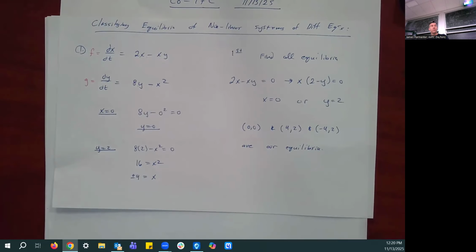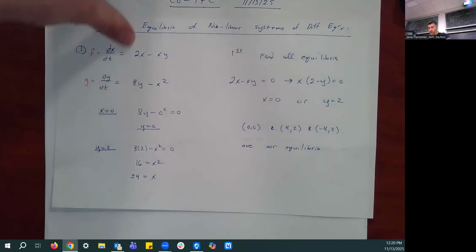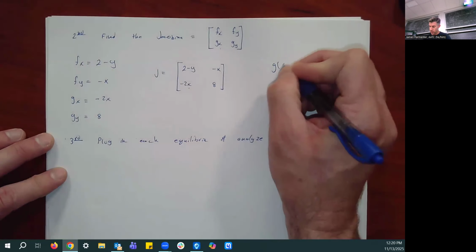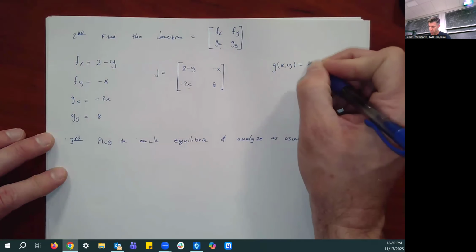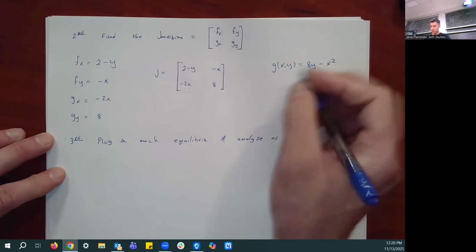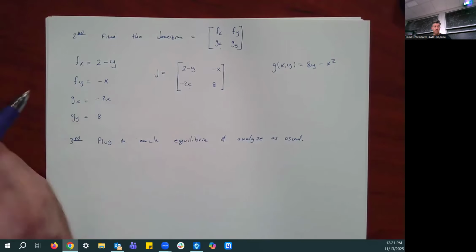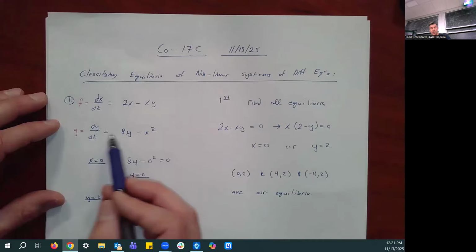Well, which part? So when I'm finding gx, again, my g function is 8y minus x squared. You're right, G is the entirety of what dy dt is equal to.